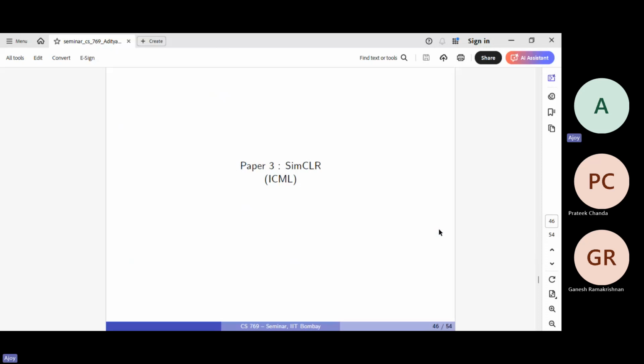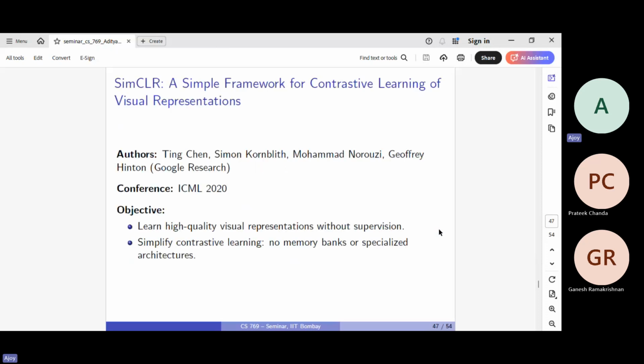Hello, I'm Srijan Jha. I will be presenting a simple contextual learning paper. So the main idea of this paper is to use self-supervised learning to classify images. It basically uses high quality visual representation without any labels.